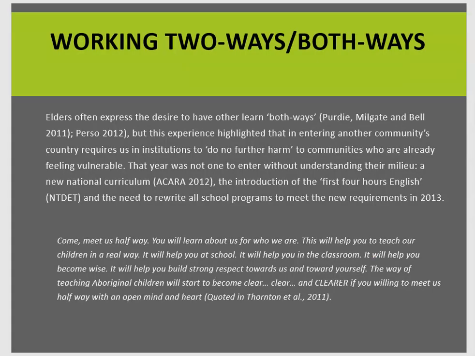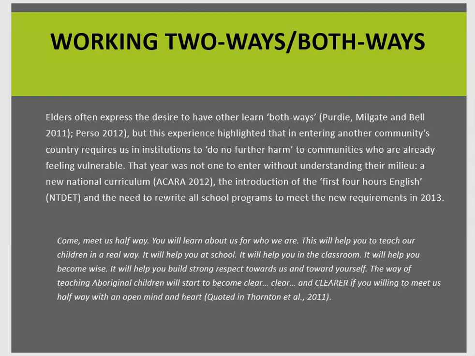So many of you have started the essay, and you're also exploring the role of elders in this work. And in many of the readings that have been suggested to you, elders often express the desire to have other kinds of learning happen, and we often call that working two ways or working both ways.